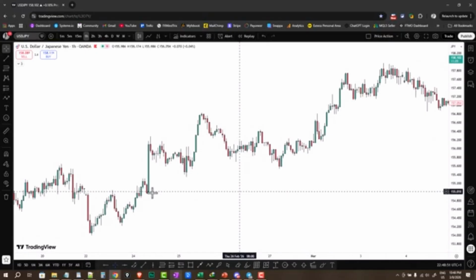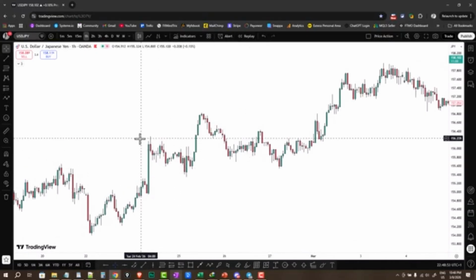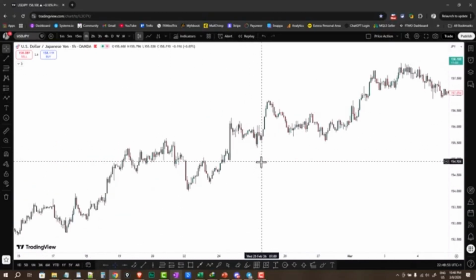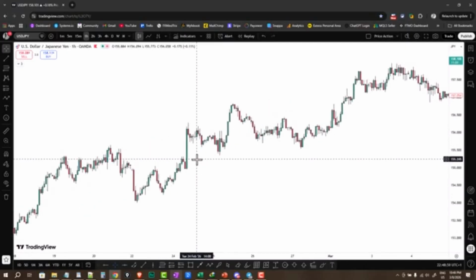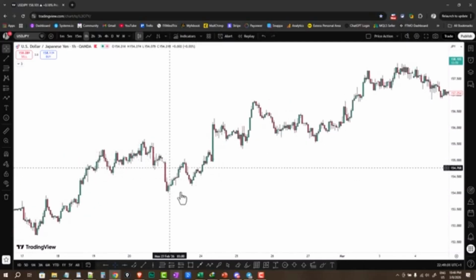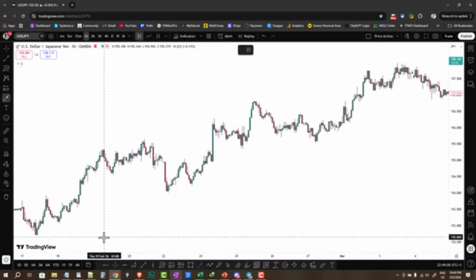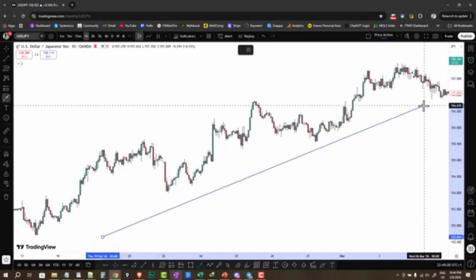Okay, so this is the chart of the US dollar against the Japanese yen. When I zoom out, as I'm doing right now, you'd notice one thing: the price of the USD/JPY currency pair has actually been moving up over time.